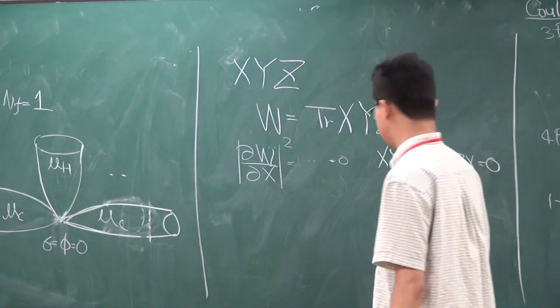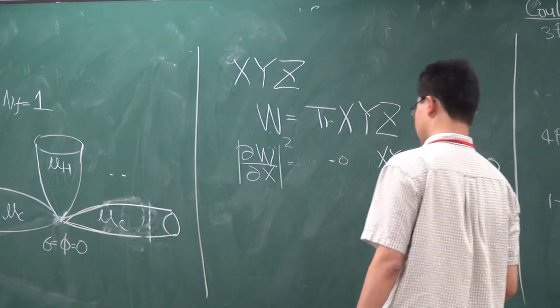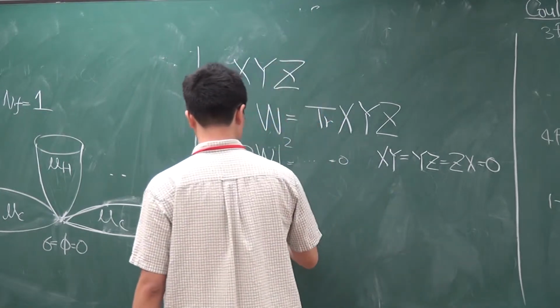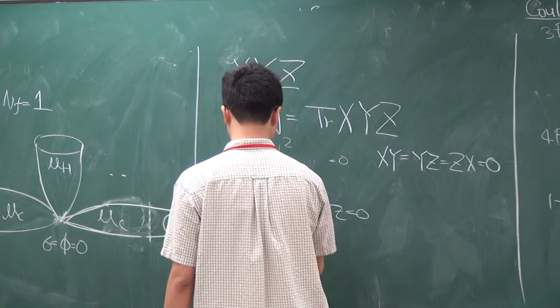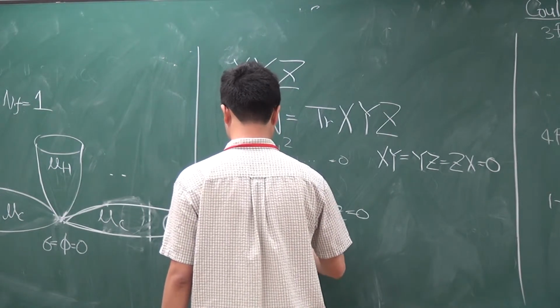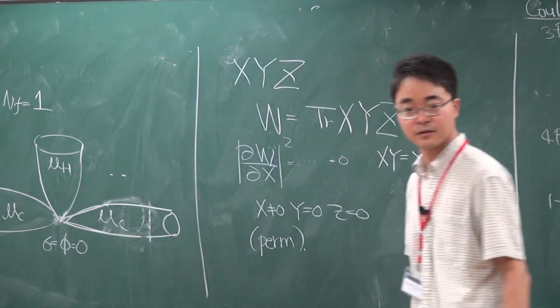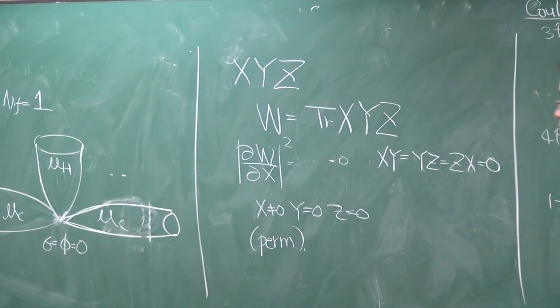And then there are three branches obviously. So x non-zero, y equal to 0, z equal to 0, or there are permutations. There are three permutations.